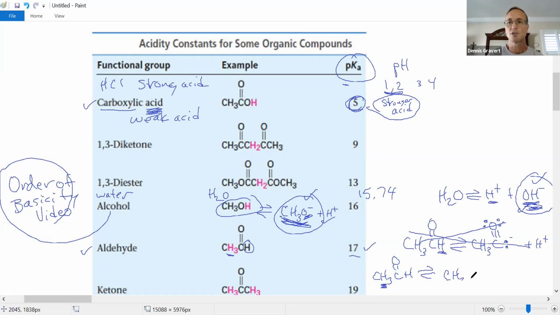So CH2, C double bond OH, with a lone pair on this carbon, right? It had three hydrogens. One of the hydrogens came off as a proton, a naked hydrogen atom, no electrons, H+, it's just a proton. And then what became of the bonding electrons that held this hydrogen to the carbon? It's now a lone pair, negatively charged. And now this lone pair can fall across the two carbons.